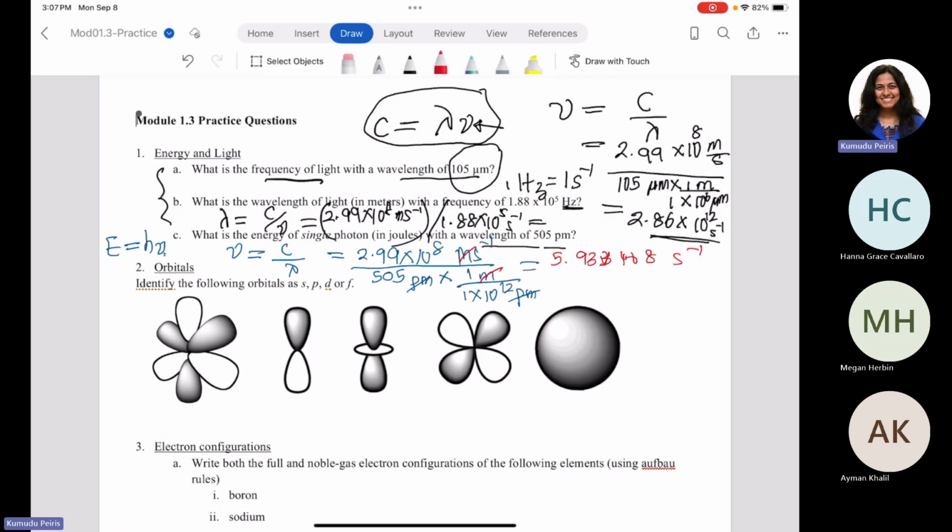Then you will use that in the E equals h nu equation.